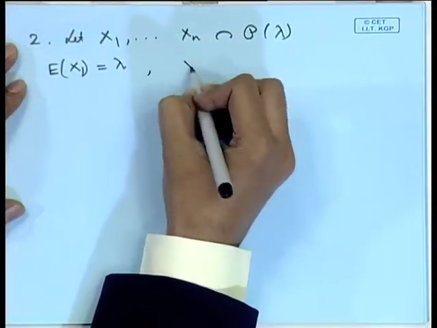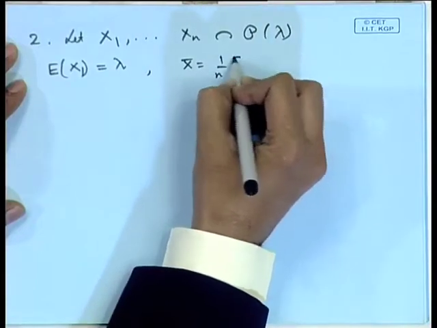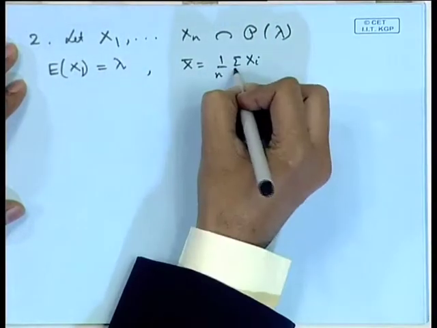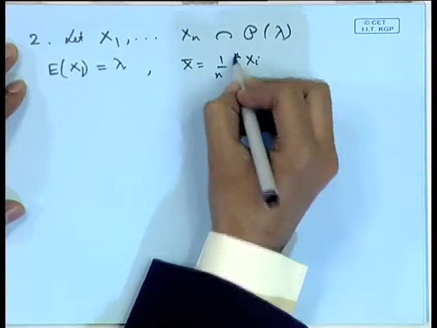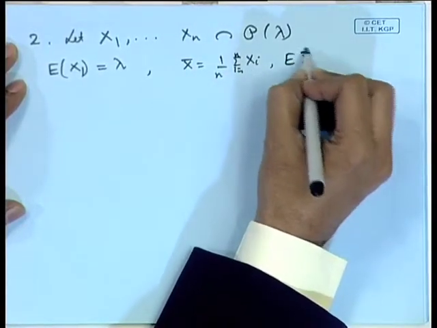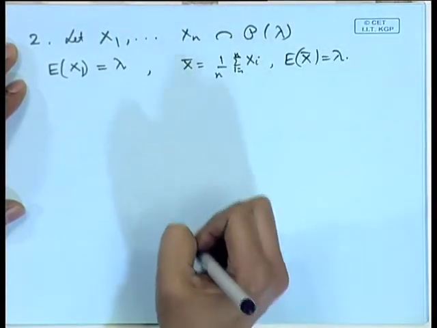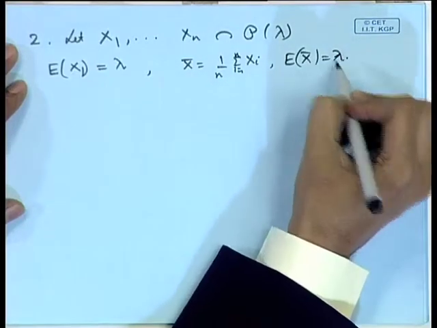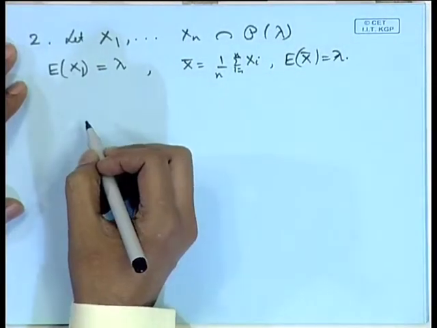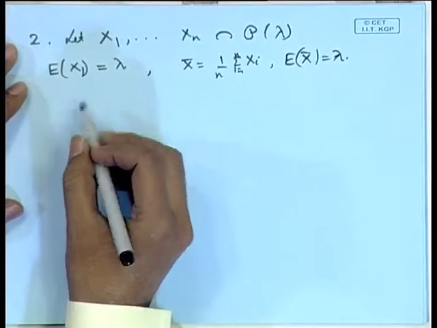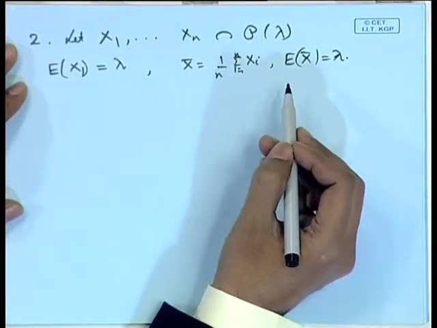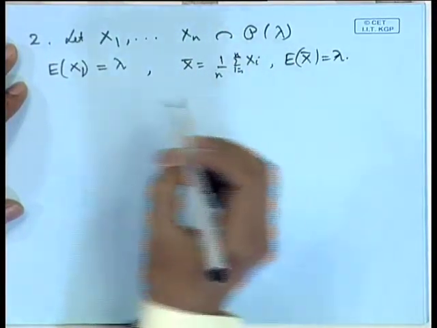One may suggest using x bar, that is 1 by n sigma x i, then expectation of x bar is also lambda. So, we can have several unbiased estimators for the same parameter.